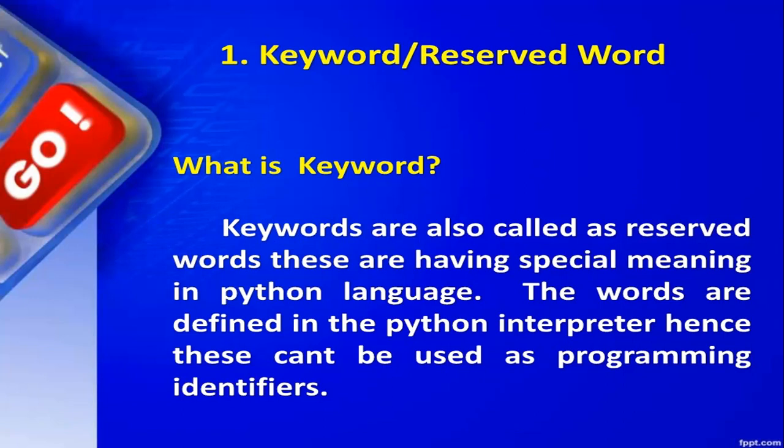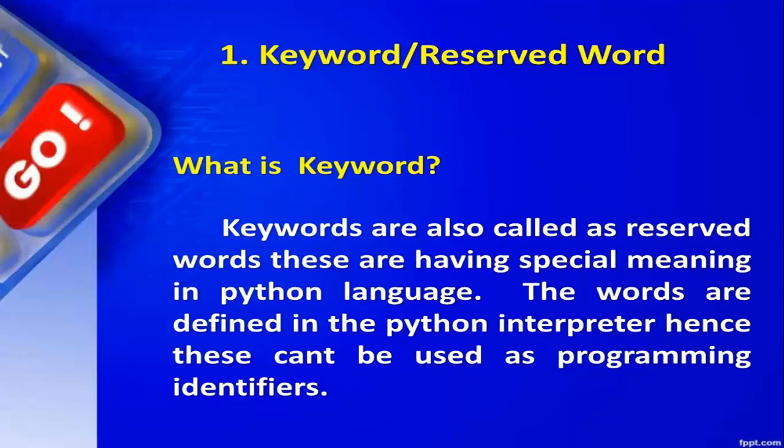No keyword can be used as an identifier because the interpreter can misunderstand. Let's say I have a keyword called private, which when the interpreter reads, he knows what he has to do with it. If I use that keyword in some other context to name a variable, then the interpreter will get confused. Hence, keywords cannot be used as identifiers.